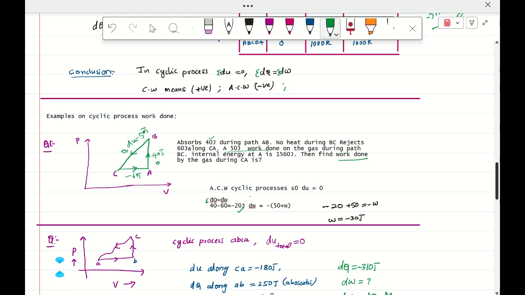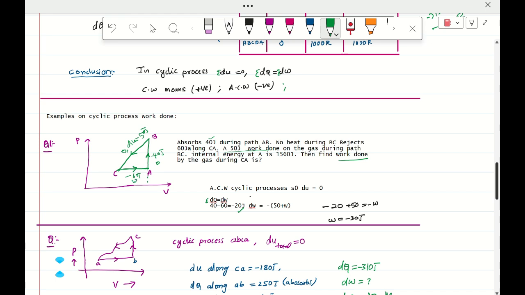And here it is 0 because of constant value. And along CA, this is constant pressure. Here you have to find dU, nCv delta T, which is not asked. Anyhow, it will be 0. That is not being asked. So now for the work done along CA, I will consider W.